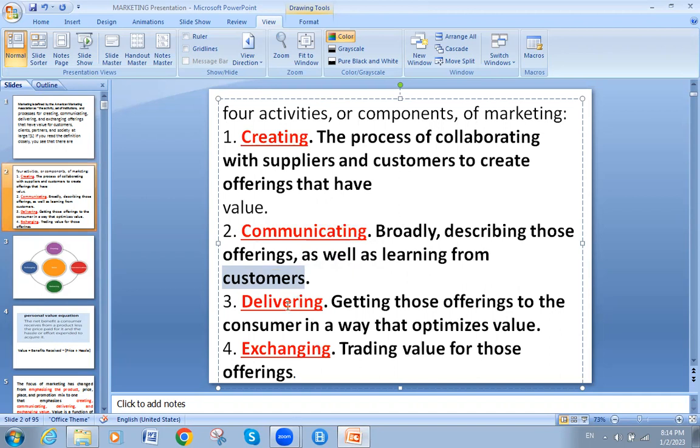The third is delivering, getting those offerings to the customer in a way that optimizes value.